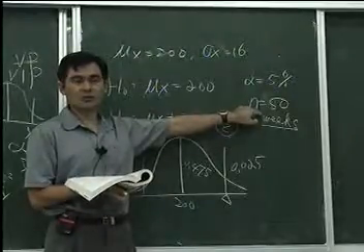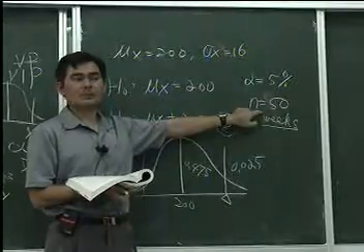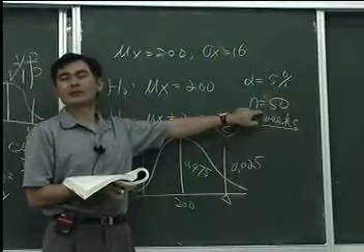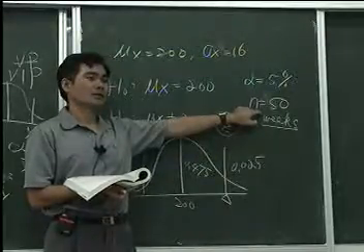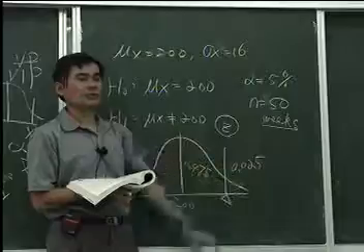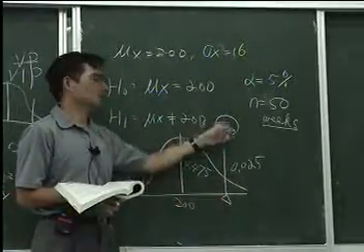What kind of distribution should we use? 50 is greater than 30, so it should be the normal distribution.